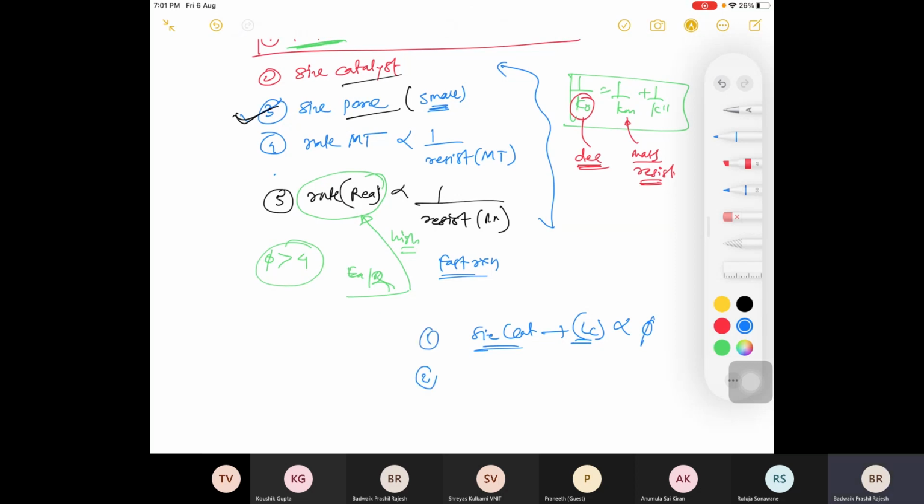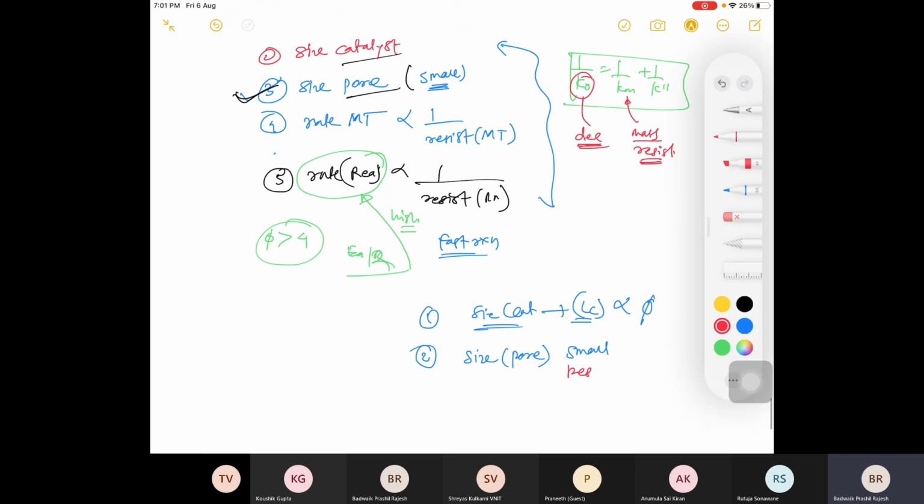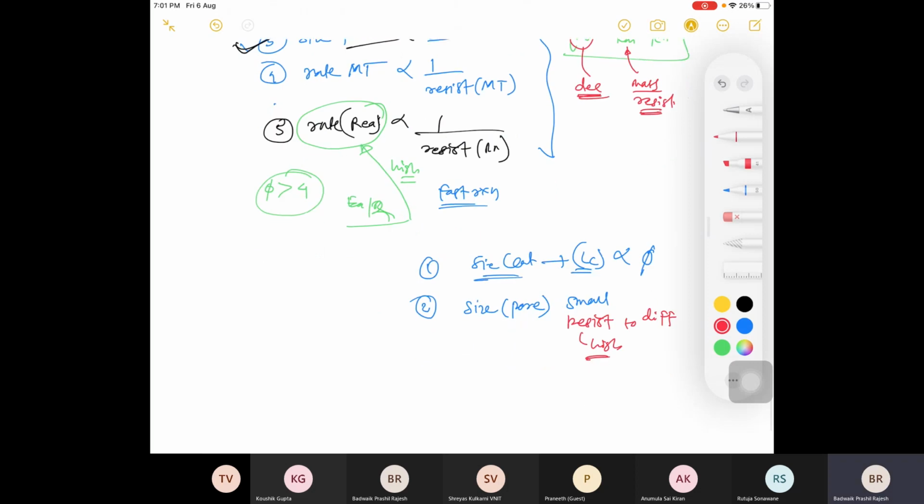This is one case. Second is size of pore. If the size of pore is small, then there will be resistance to diffusion. That means I can say high diffusion resistance regime. So your phi is greater than 4, right?